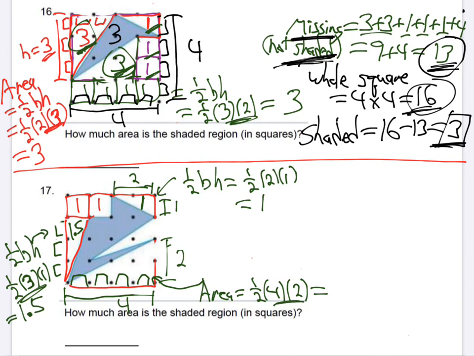Half of 4 times 2 is 8, half of 8 is 4. So this must be 4 in here. So we have 1.5, 1, 1, 1. And now, finally, for that weird little triangle in the middle.